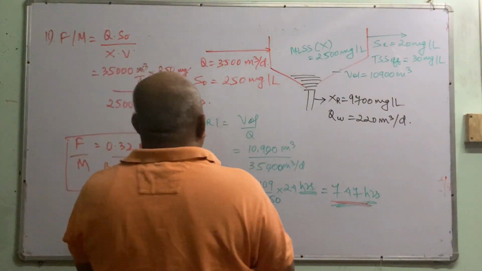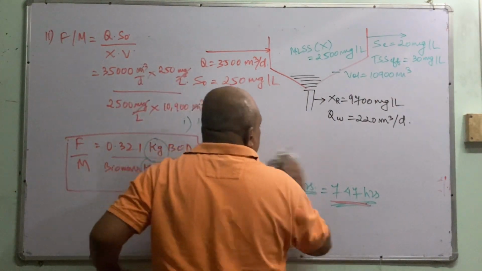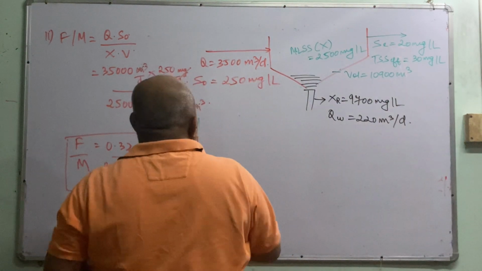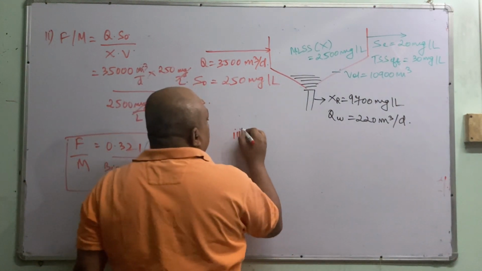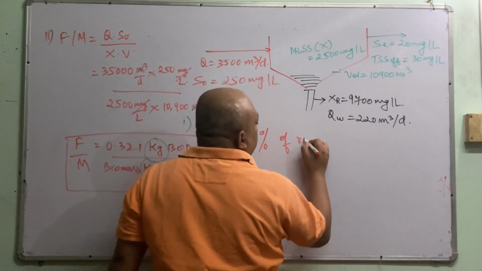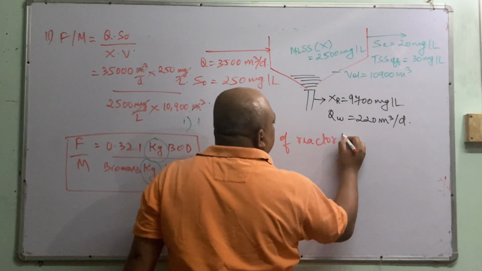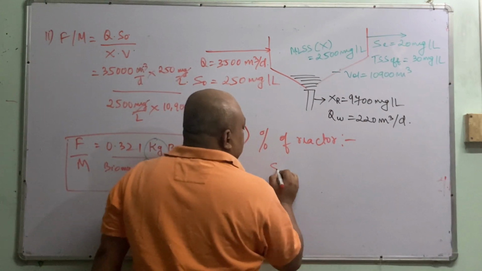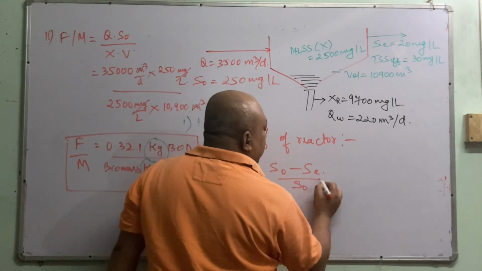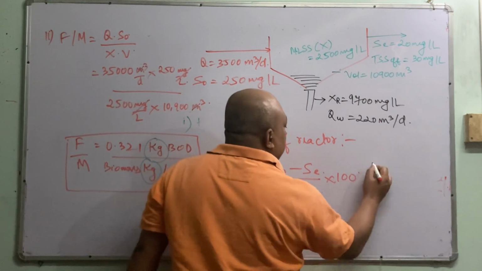So what will be the next one? As we have done it, the next one will be the percentage efficiency of the reactor. It's very simple. That is incoming BOD minus outgoing BOD, divided by incoming BOD, into 100%.